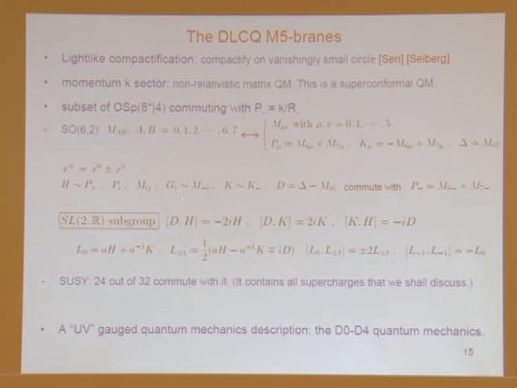Especially important is the SL(2,R) subgroup, which is common in all the superconformal quantum mechanics, consisting of the Hamiltonian, the non-relativistic dilatation operator, and the special conformal transformation. You can form this in the following basis for convenience to see the familiar SL(2,R) algebra. You can also see that 24 out of 32 supersymmetries commute with this, actually quite a lot. So you can use these 24 supersymmetries to define some supersymmetric observables in superconformal quantum mechanics.